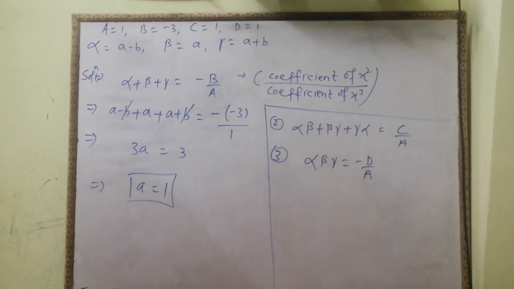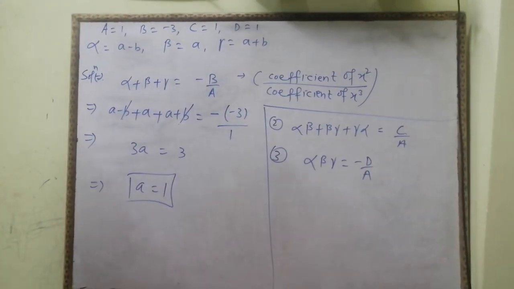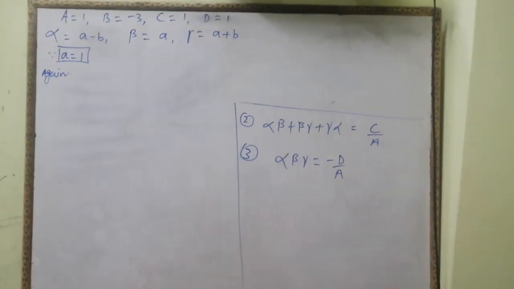So we will go for alpha beta gamma equal to minus D by A.